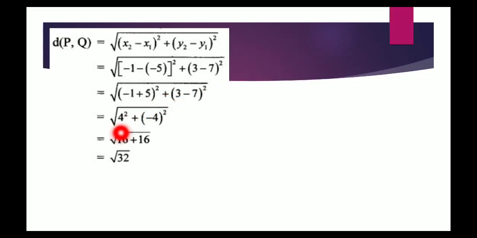Then we have 4 square plus minus 4 square. The root of 16 plus 16, that is equal to, the distance of PQ is equal to square root of 32. This can be written in the simplest form as 4 root 2. The distance of PQ is 4 root 2. By this you can solve question number 1.